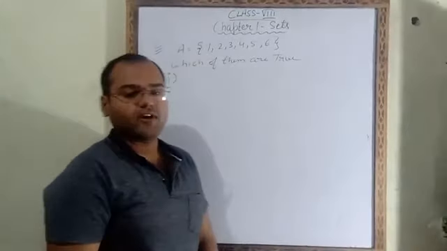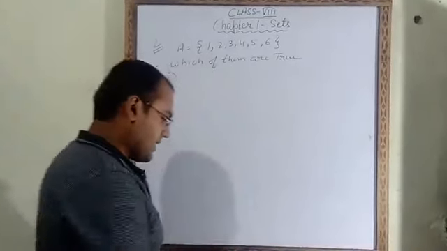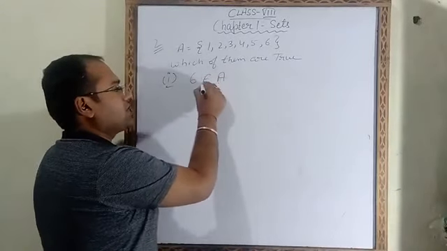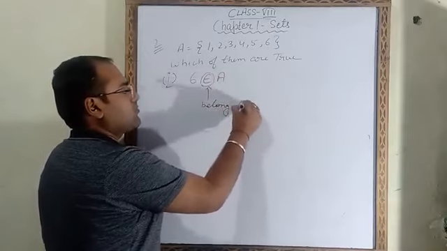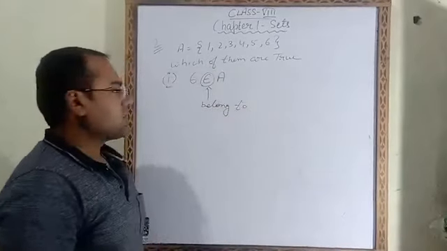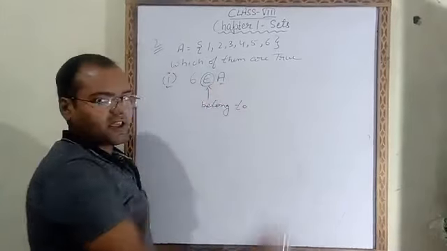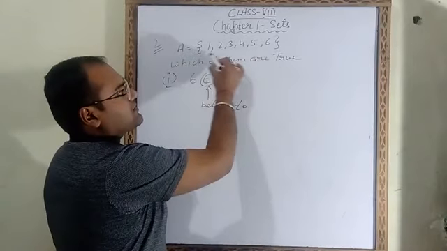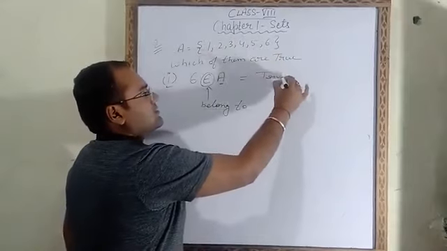We have to identify whether the given statement is correct or incorrect. First part is 6 belong to A. This symbol is called belong to. We have to check here whether 6th element is coming in set A or not. This is the set A. In this set A 6 is coming. That means this statement is true.